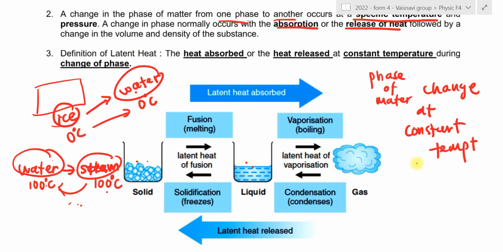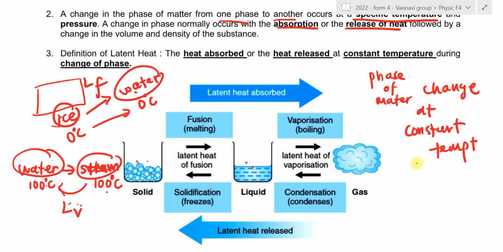If ice becomes water or water becomes ice, we call it latent heat of fusion, LF. If water becomes steam or steam becomes water, in other words liquid becomes gas or gas becomes liquid, we call it latent heat of vaporization. That one we specify. But overall, latent heat means heat absorbed or released at constant temperature during a change of phase.